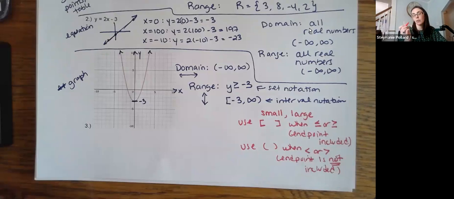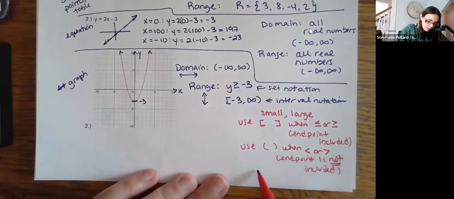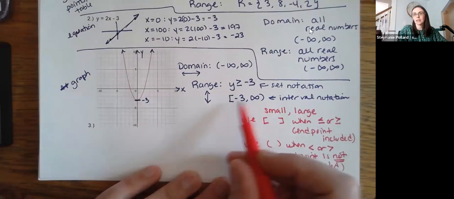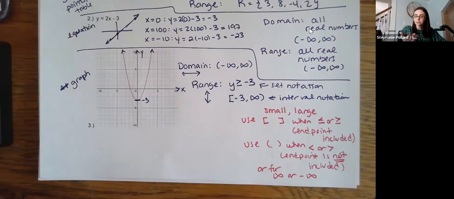So if you're physically skipping over it, we're going to see graphs later on that use this where there may be breaks in the graph, so we never actually touch the value, and you'd use a parenthesis there. We do also use parentheses for infinities. You can mix and match the symbols, it doesn't matter, but you would also use a parenthesis for infinity because we can never really quite reach infinity, right? We can never touch it. So we use a parenthesis there.